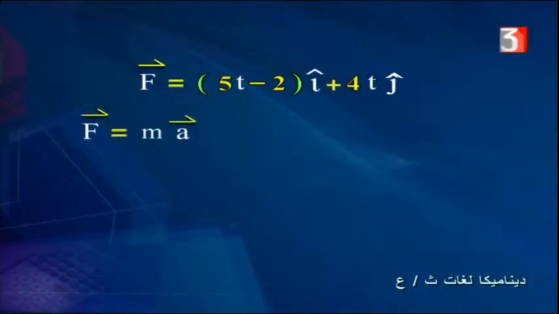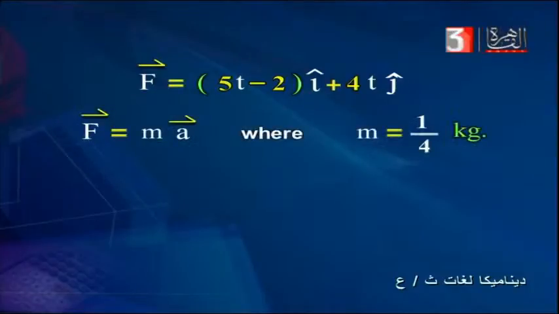Since vector F equals m multiply vector A, where the mass equals quarter kilogram, the mass of the body equals 250 gram divided by 1000, then 250 over 1000 equals 1 over 4 or quarter kilogram. The mass must be in kilogram because the velocity is in meter per second, the force is measured in Newton and time in second.